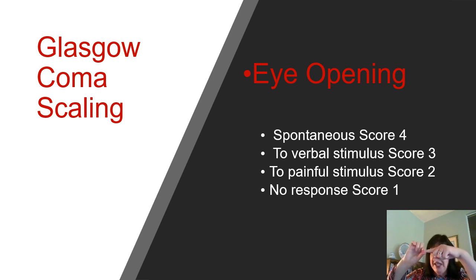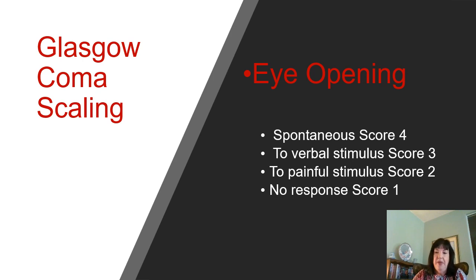Sometimes we can even put a pin on there, but you press down, put pressure on that patient's nail bed, and try it on yourself, it's going to hurt. If that pain causes the patient to open their eyes, then you would say they open their eyes to painful stimulus and not to other kinds of stimulation.